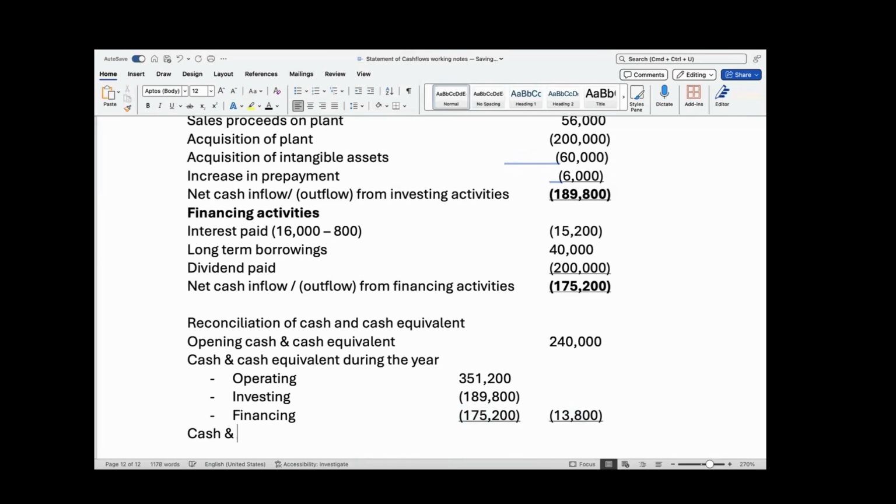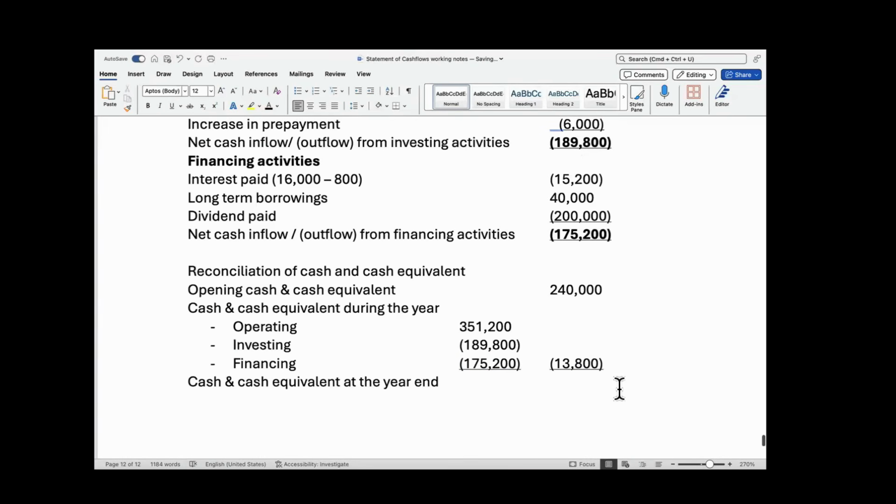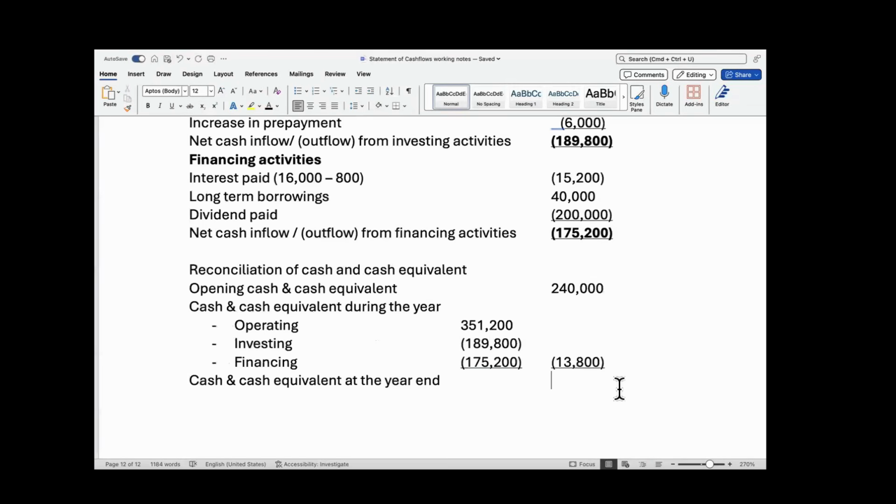Then my cash and cash equivalents at the year end, when you subtract the two, what does it give us? 226,200.